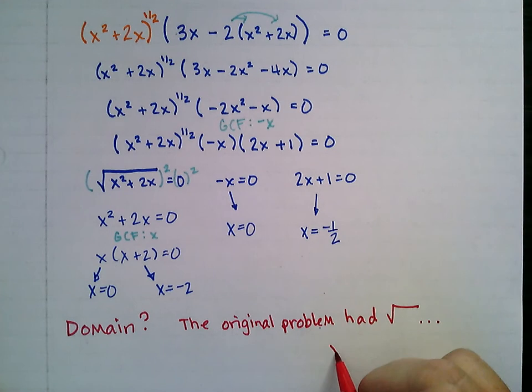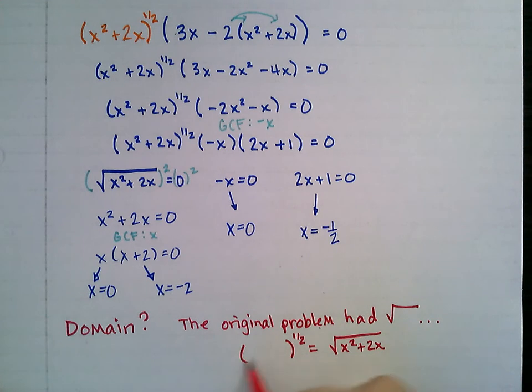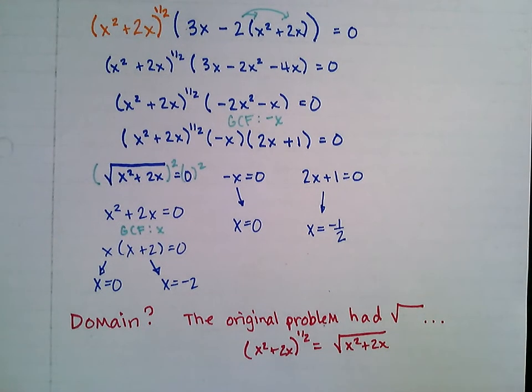Where, you ask? Because the power of 1/2 is the same thing as a square root. So that x squared plus 2x to the 1/2 is the same as the square root of x squared plus 2x. So basically remember that you can't have a negative number inside the radical.